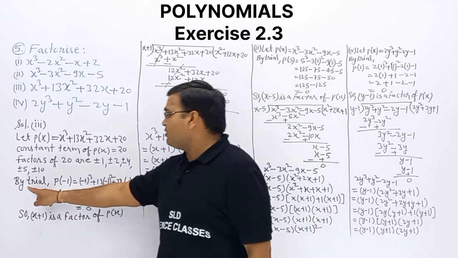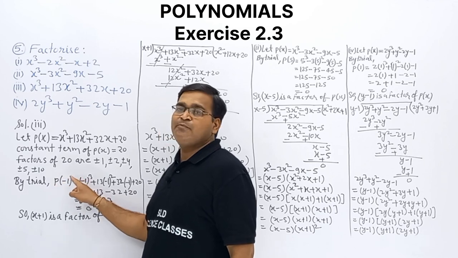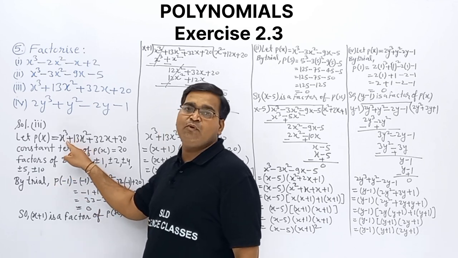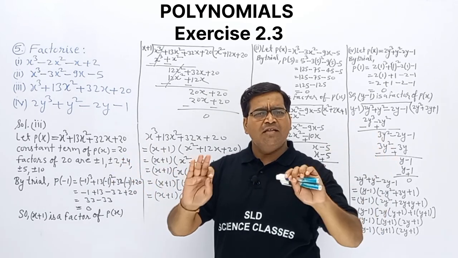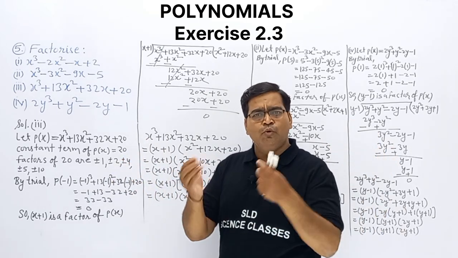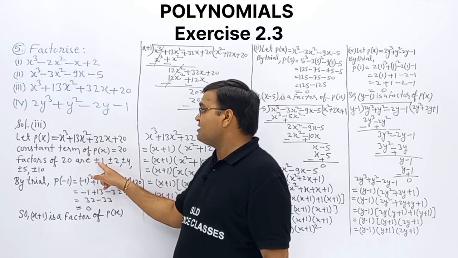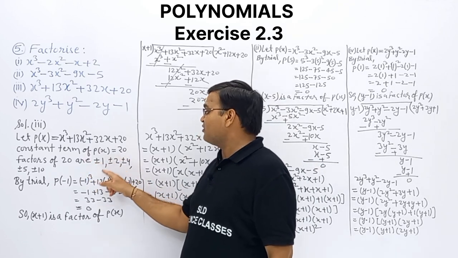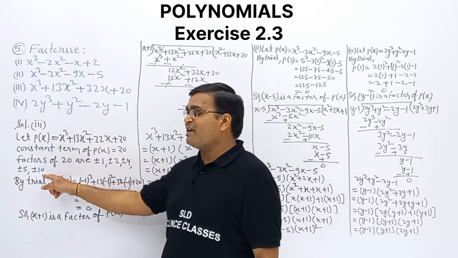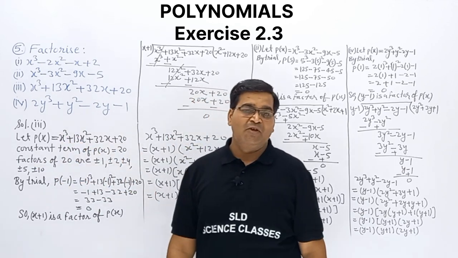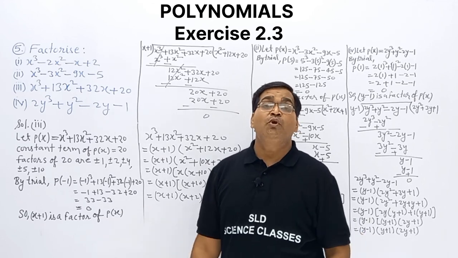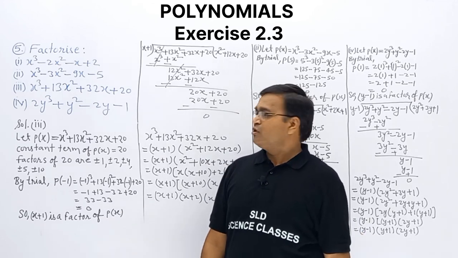So by trial we put x equal to minus 1. Only the trial method, no other method we are having. We will put these numbers: plus minus 1, plus minus 2, plus minus 4, plus minus 5, plus minus 10.